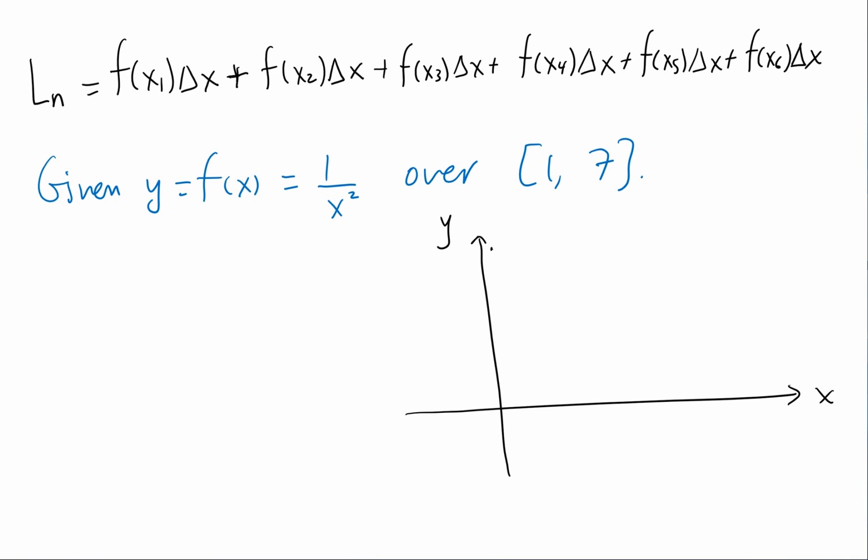If you try to graph the function, the graph goes this way. From 1 to 7, we're going to take the width to be 1 for now. So delta x, I'm going to assume it's 1. So it's going to go 1, 2, 3, 4, 5, 6, and 7.